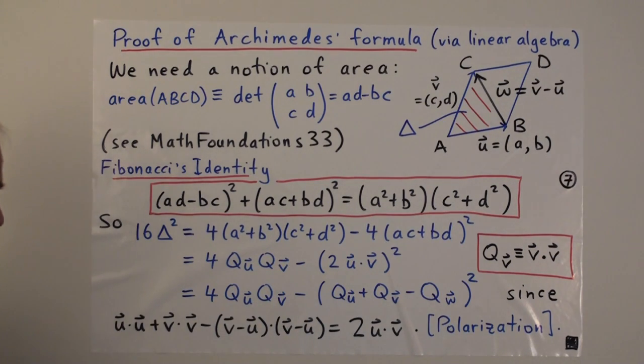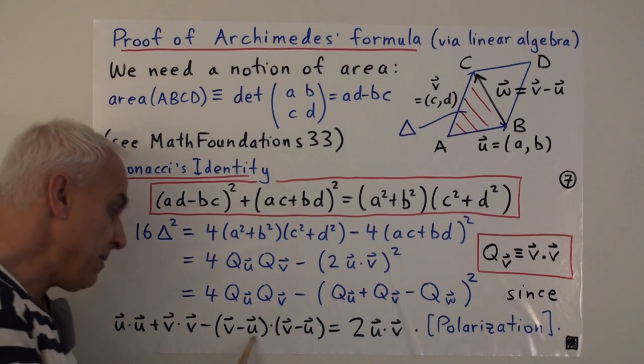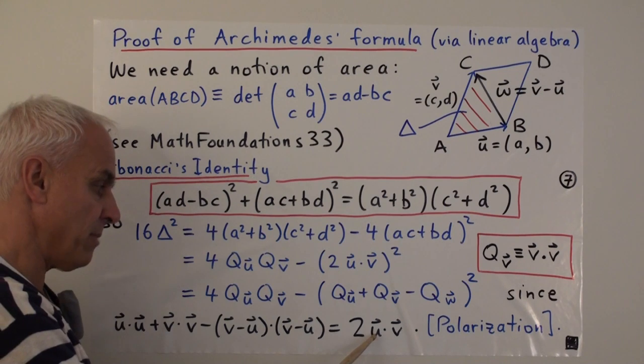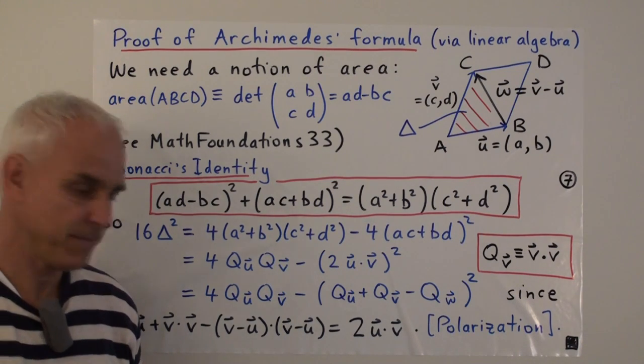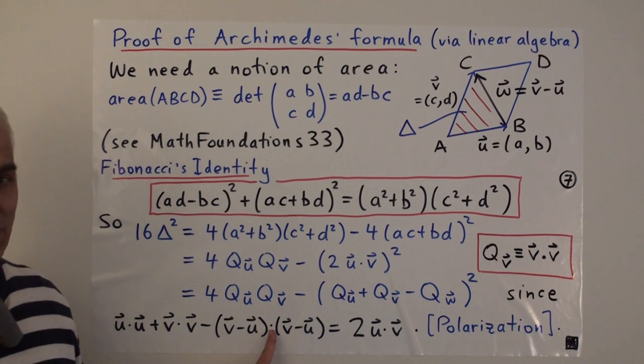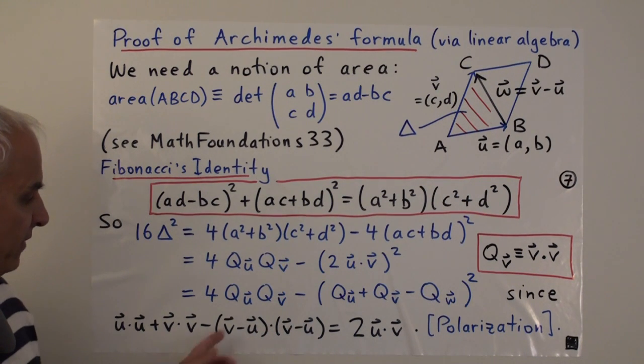Okay, which says that if you have two vectors u and v, then the following is true. If you take u dot u plus v dot v minus (v minus u) dot (v minus u), then what you're going to get is 2 times u dot v. Okay, and why is it? Well, it's because this dot product is linear in both of its entries.